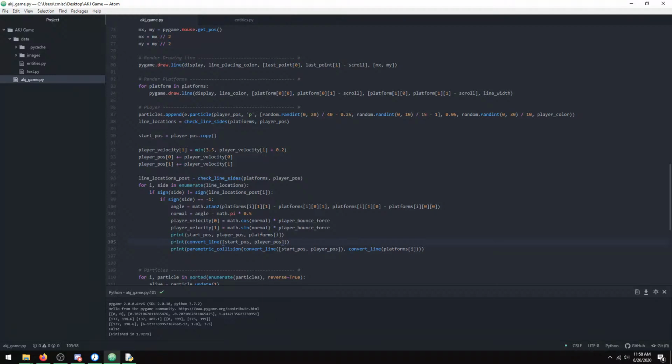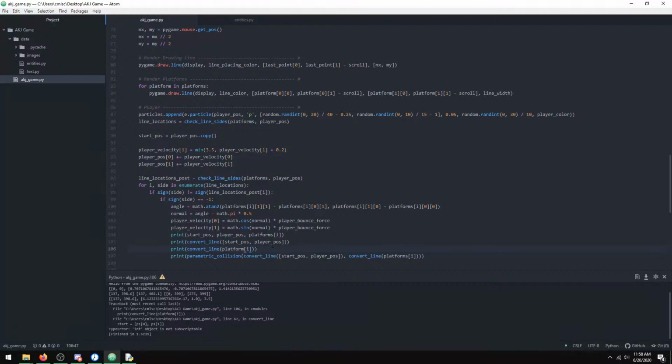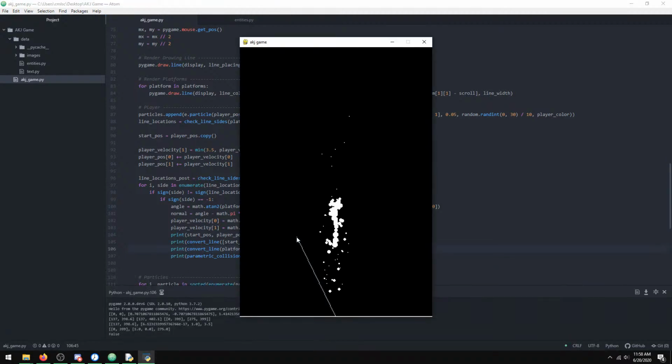So what's the convert line of this then? Or wait, of the platform. Platform I. Why didn't it? Platforms I, that's the issue. Oop.